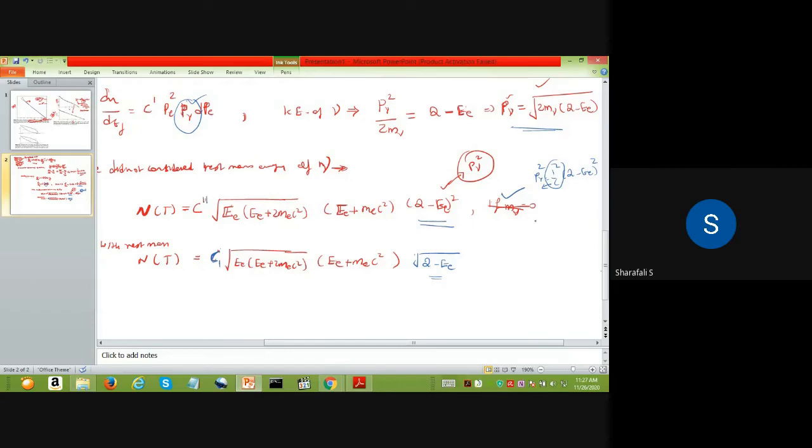But now I do not have that coefficient. What I have is root 2 m nu. So since I have root 2 m nu now, my constant will be different, C dash. So there is a slight difference in the constant value.